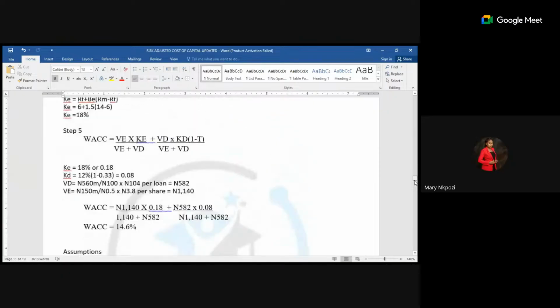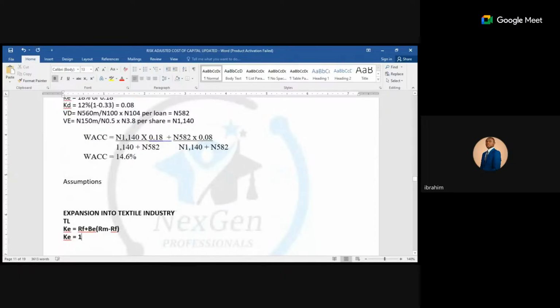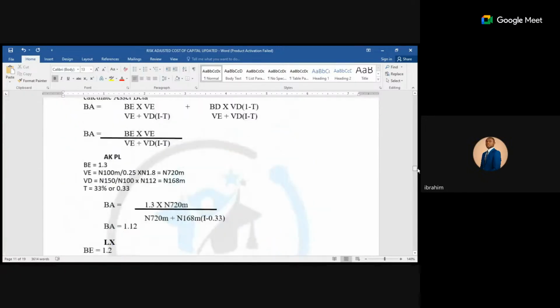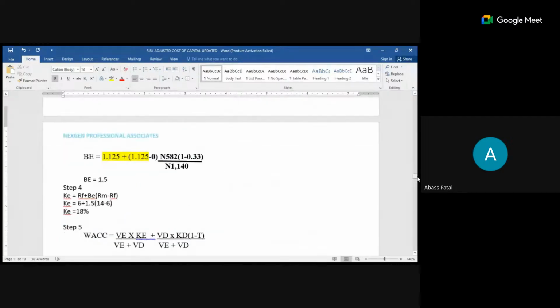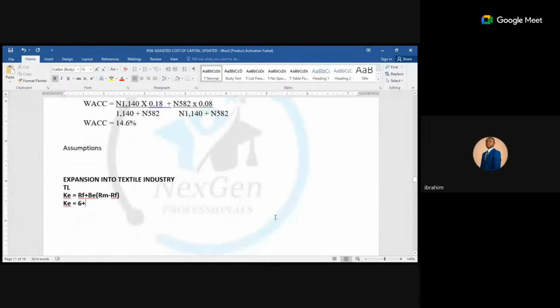6%. Okay, just give me a figure. Risk-free is 6%. Plus, what is the equity beta from the question? Okay, 1.2. What is the market return? 14%.